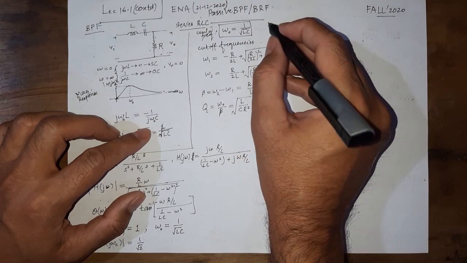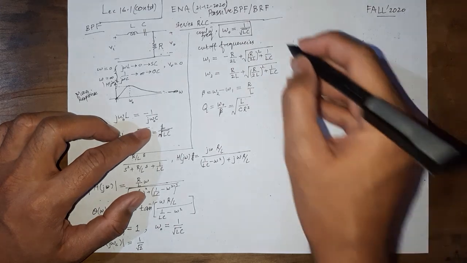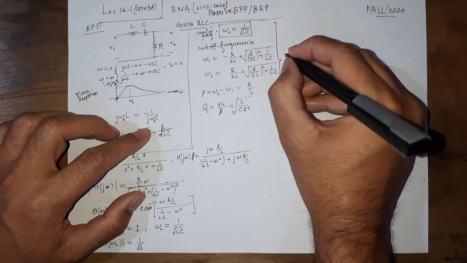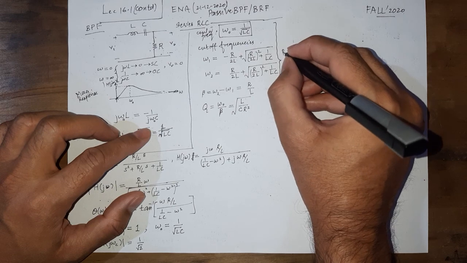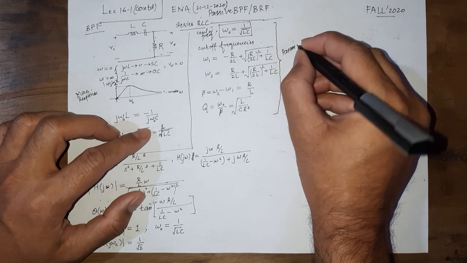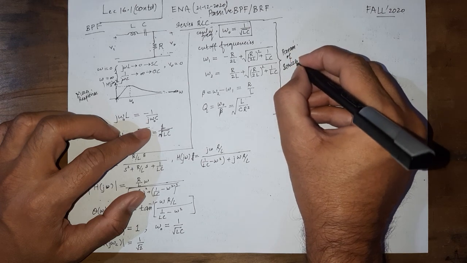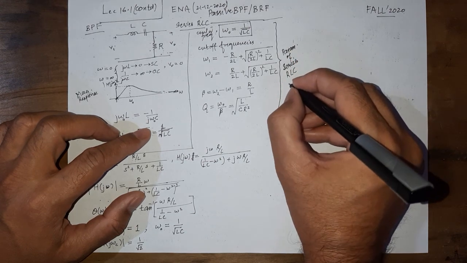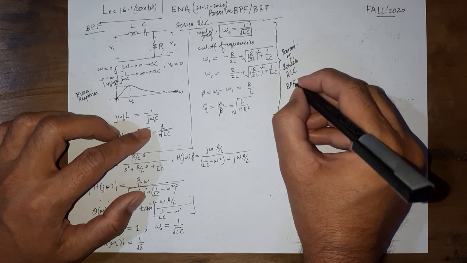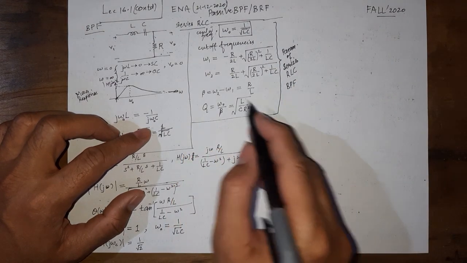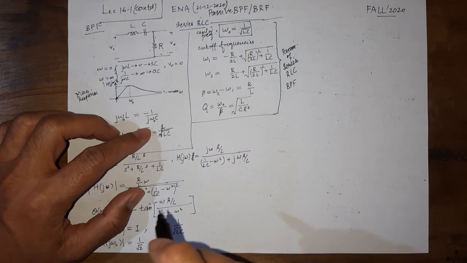So these are all the parameters of a series RLC band pass filter. For different circuits, these expressions may be different.